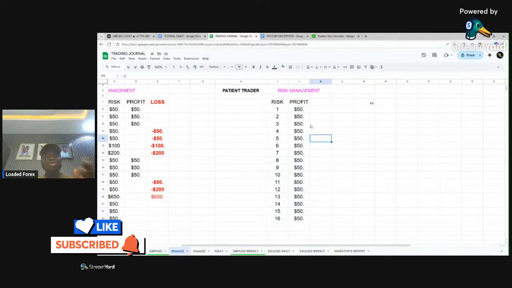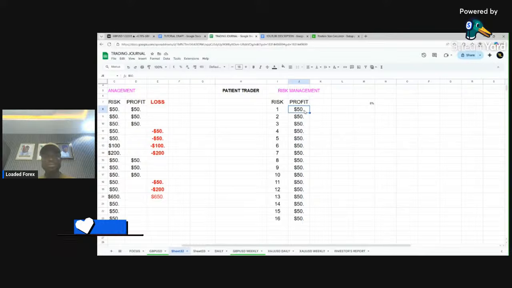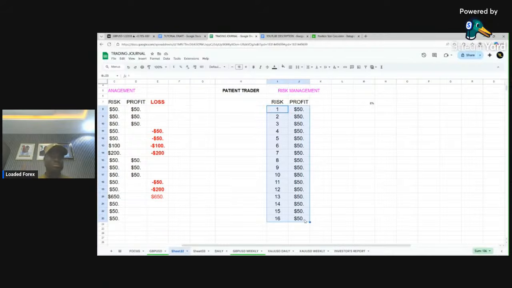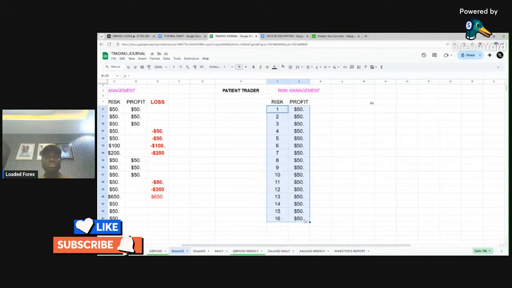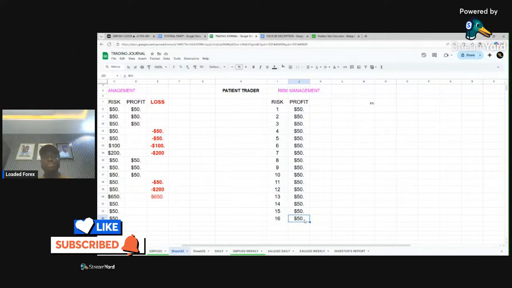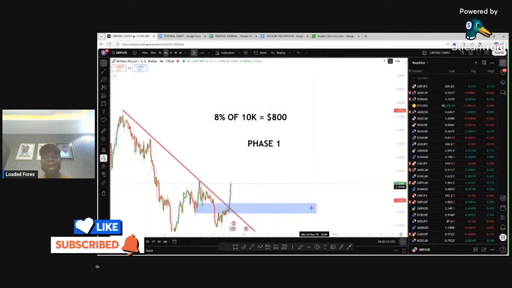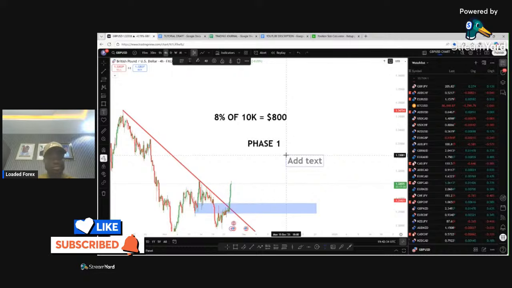The way I structure my account is a well-structured risk management plan for every beginner trader that wants to become a profitable trader. It will take me 16 trades to blow this account. That is the first thing I must do. Let me write it out.